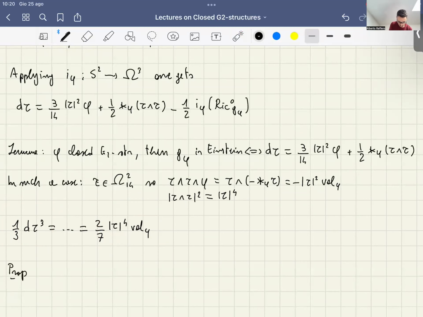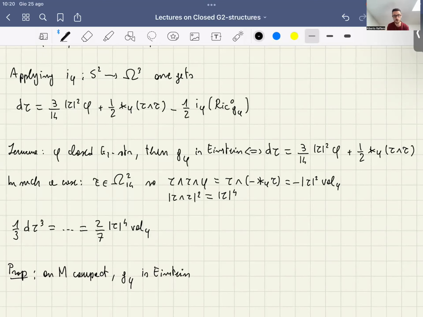So what you get, and this was proven independently by Bryant using this argument here, and by Cleyton and Ivanov using a different argument, is that on M compact 7-manifolds, the metric induced by a closed G2 structure phi is Einstein.